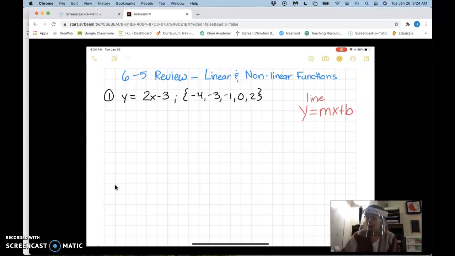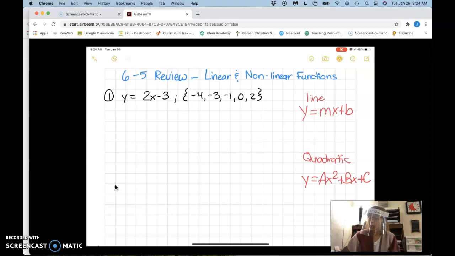And any equation that is quadratic or not linear, which is what we're going to be focusing on tomorrow, is going to be written in this form. Okay, so linear just has an x. Nonlinear will have an x squared. So that's the biggest thing that you're going to look for to see if it's linear or nonlinear.